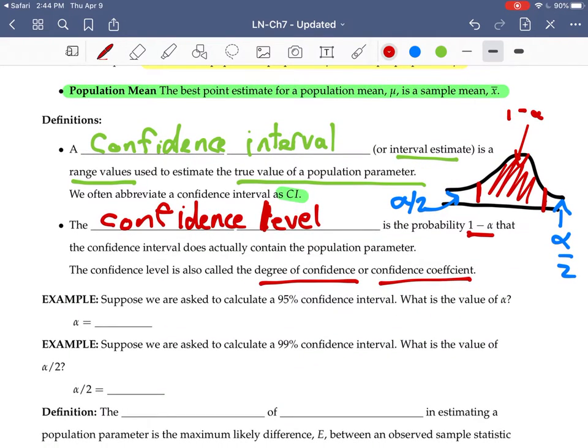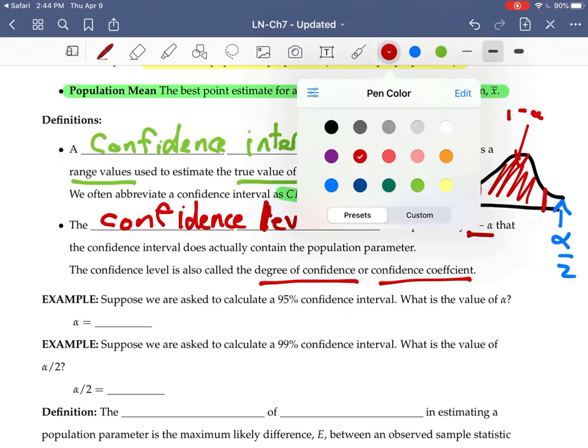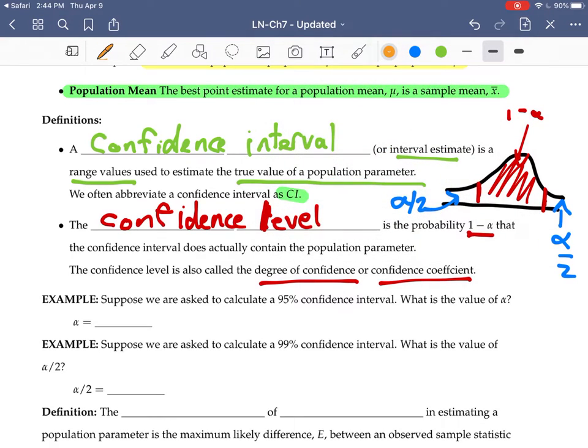Let's look at a couple quick examples where we determine the value of alpha. Suppose we're asked to calculate a 95% confidence interval. What is the value of alpha? Remember, our confidence level is 1 minus alpha, so 1 minus alpha is equal to 0.95.